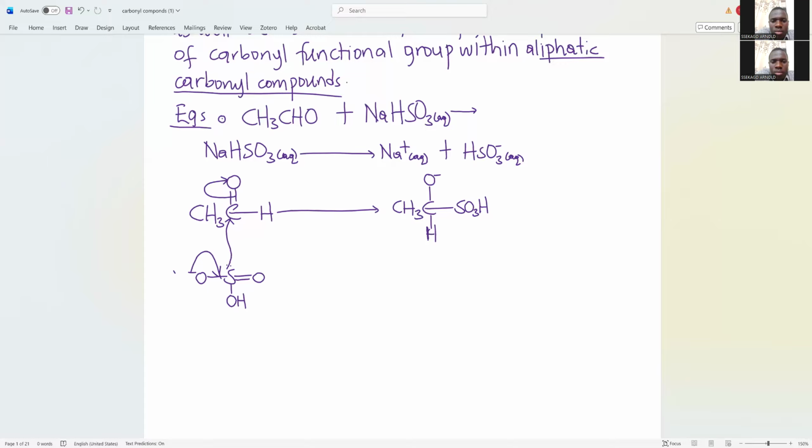Now, sulfur is not having a plus, but this sulfur group can lose the hydrogen here. Are you seeing this group? This group in solution ionizes, it splits so that we form the SO3 with a negative and the H with a plus.